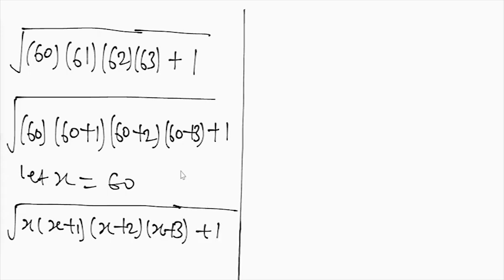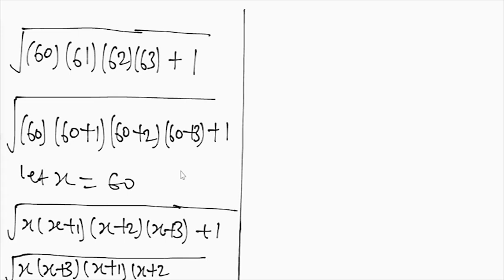Having done that, the next thing I want to do is this. I can rearrange it in this form. So I have x, then x plus 3, then x plus 1, then x plus 2, plus 1.